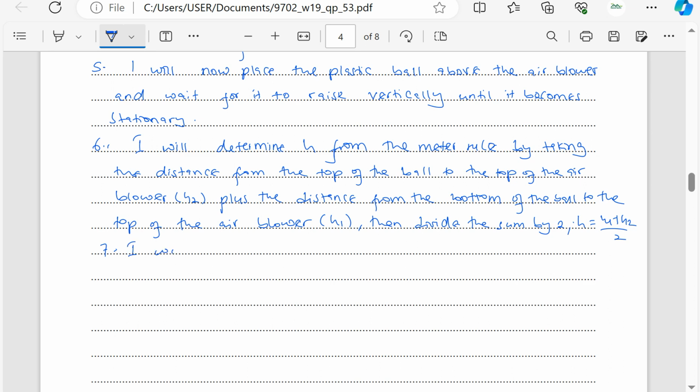So I will remove the ball and take another ball of a different diameter.